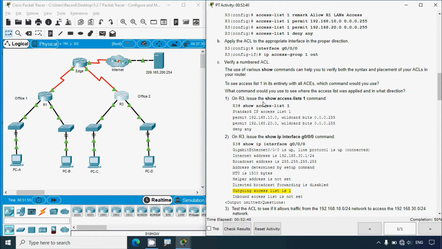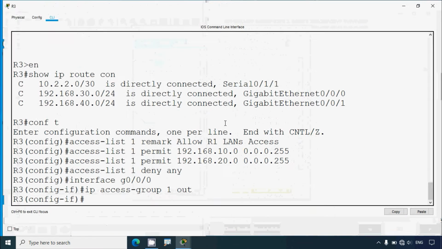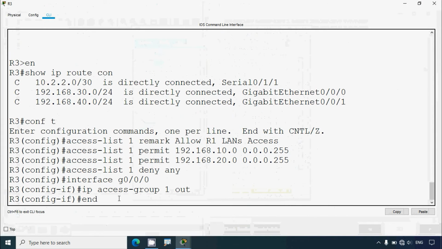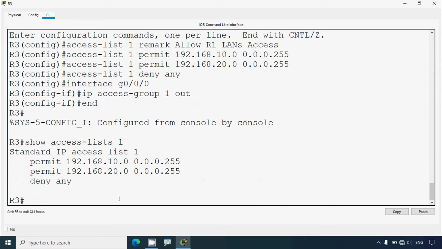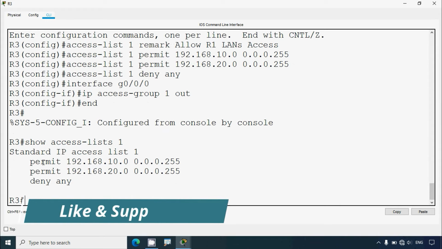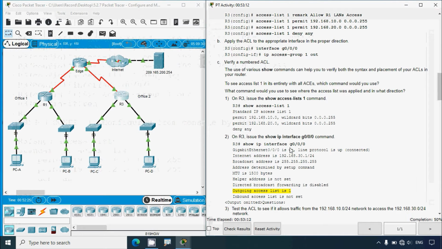On R3 issue the show access list 1 command. Okay, we will give that. Give end, show access list 1, and here we can see standard IP access list 1. Here we can see the command we given: permit this network and its wildcard mask, then permit 192.168.20.0, then deny any.